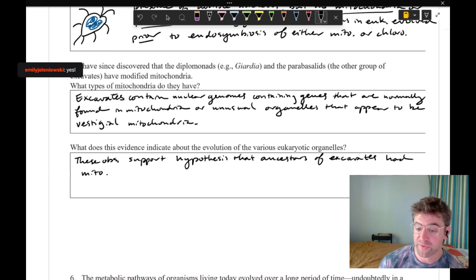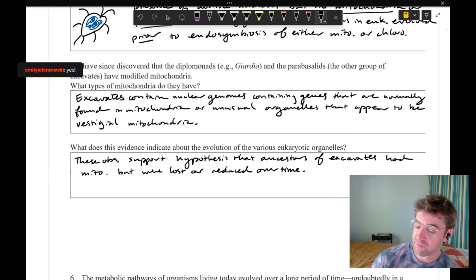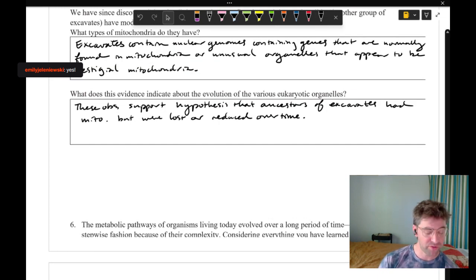But these organelles were lost or reduced over time. So whatever strategy that this ancestral organism had for producing its own energy worked better than the endosymbiont that was the mitochondria, and so it evolved out. Or there was some other pressure that meant that having a mitochondria was no longer beneficial or was harmful. Going back to last week's exercise and why we would lose that.